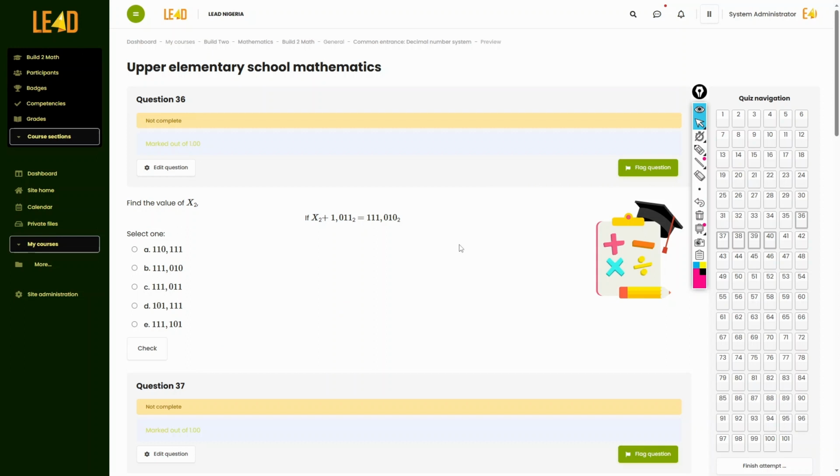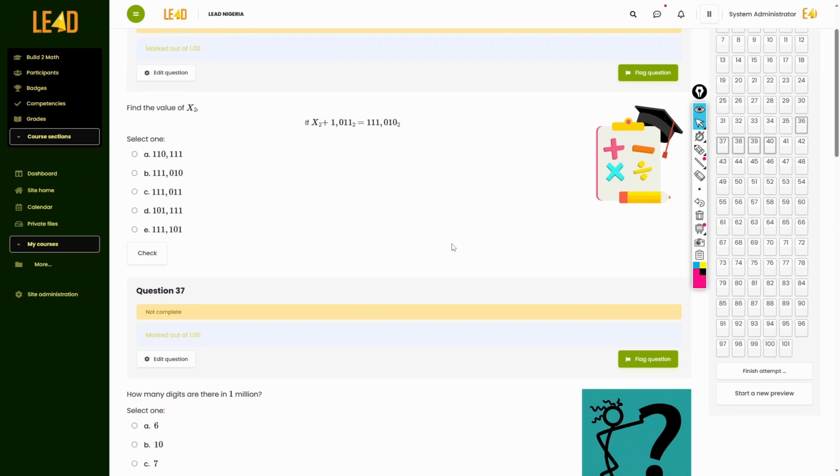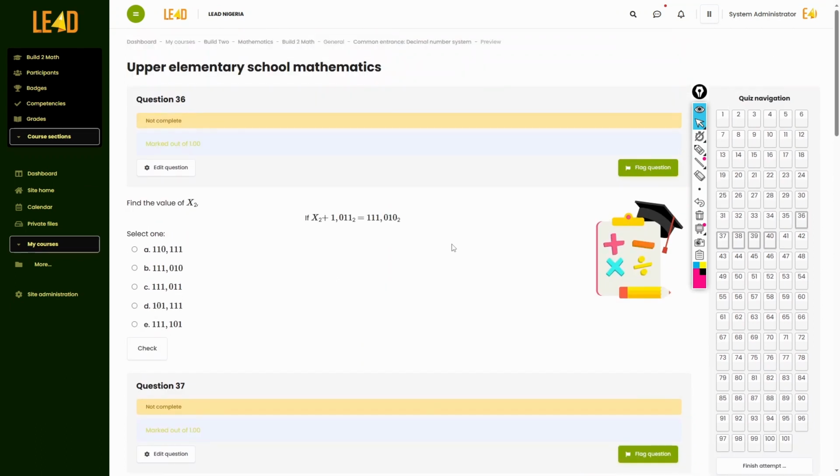Okay, question 36 says find the value of x to base 2 if x base 2 plus 1011 base 2 is equal to 111010 base 2. So we are doing operations in the binary number system. With algebra, you could say that x base 2 would be equal to 111010 base 2 minus 1011 base 2.